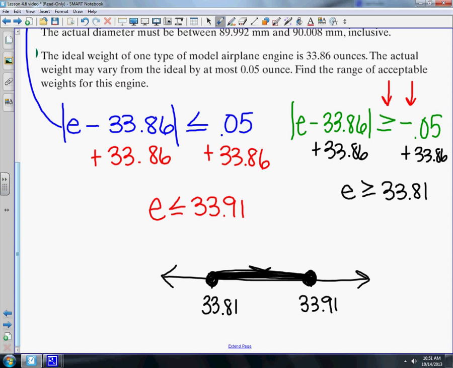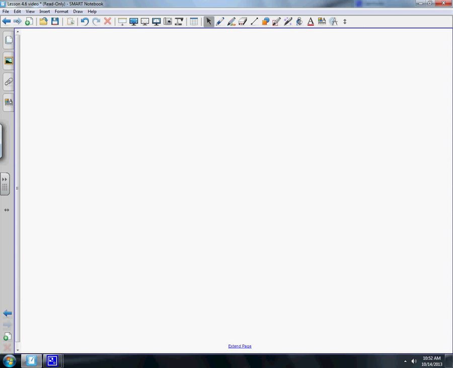Any number in between is okay for that engine. And notice, the ideal is 33.86, which is right in the middle. This is plus 0.05 and this is minus 0.05. So if you're in manufacturing, you could be up 5/100ths of an ounce, or down 5/100ths of an ounce. So that is it for your notes.